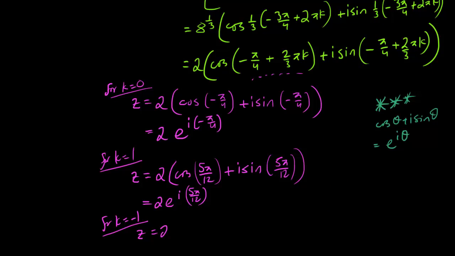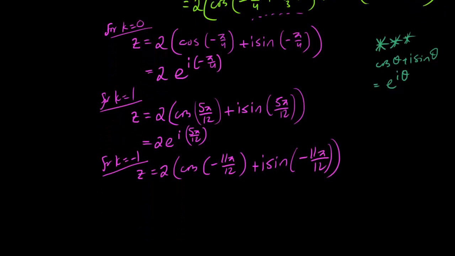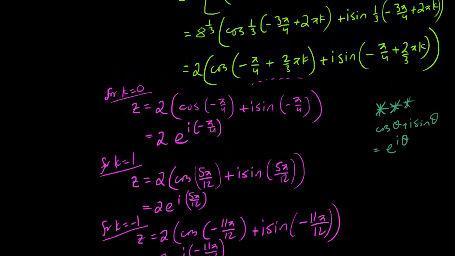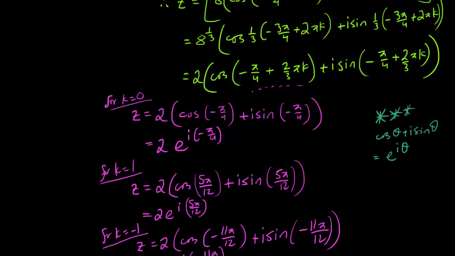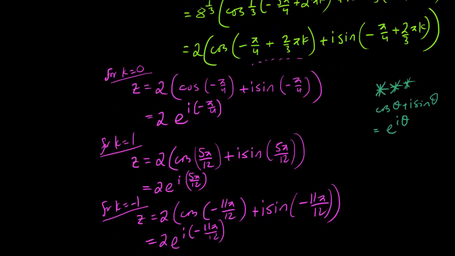So it's going to be 2 cos minus 11 pi by 12 plus i sine minus 11 pi by 12, and that's it. And the exponential form is going to be e to the power i minus 11 pi by 12. If we take k equals to minus 2, it's definitely not going to work. Minus 1 by 4 minus 4 by 3, it's not going to work. So these three are the roots.